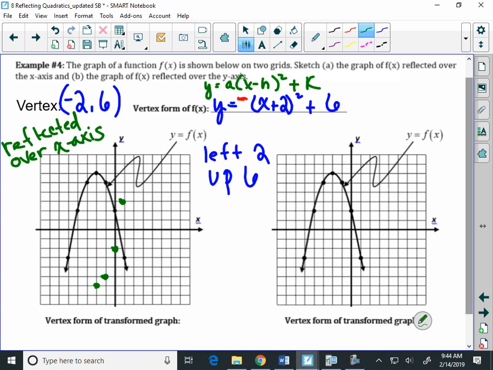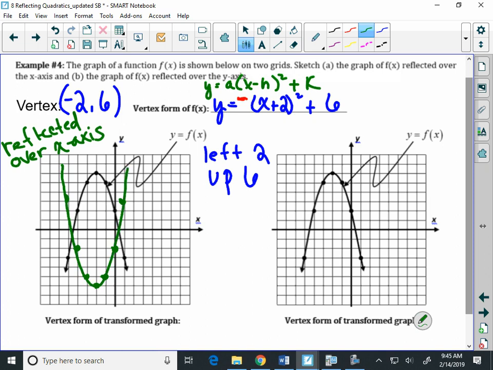The point -3, 5 is going to become -3, -5. The point -4, 2 is going to become the point -4, -2. And lastly, the point -5, -3 is going to become -5, +3.